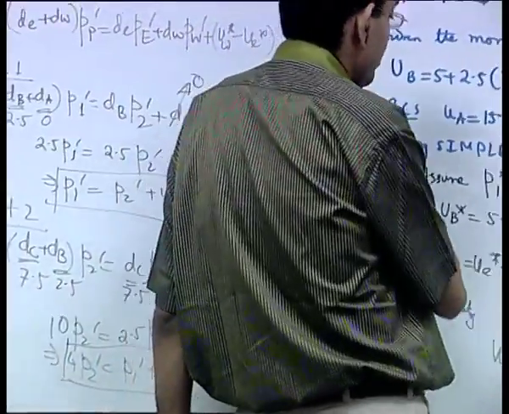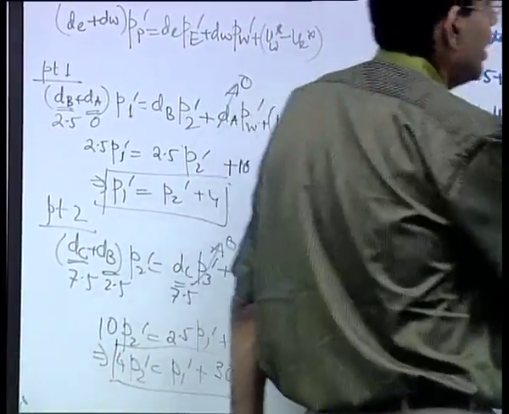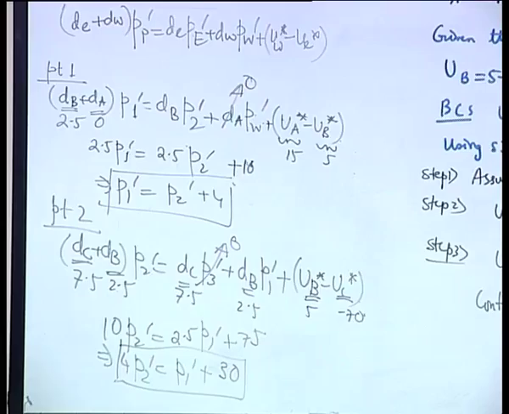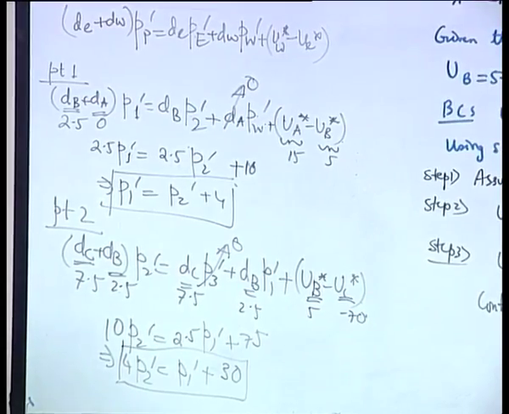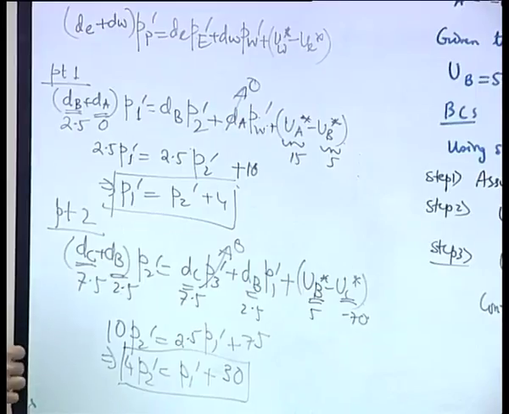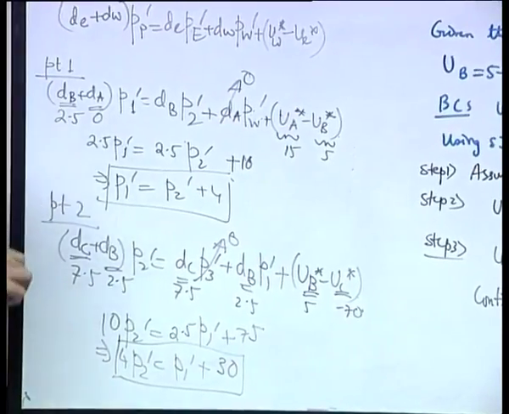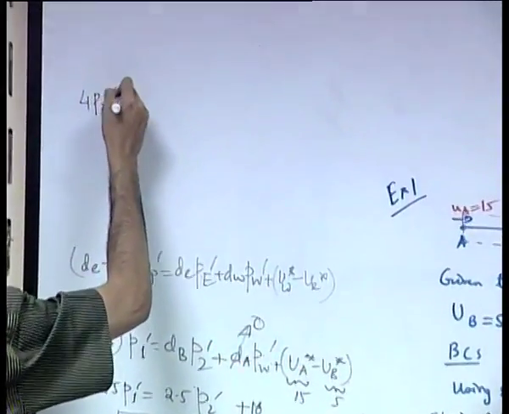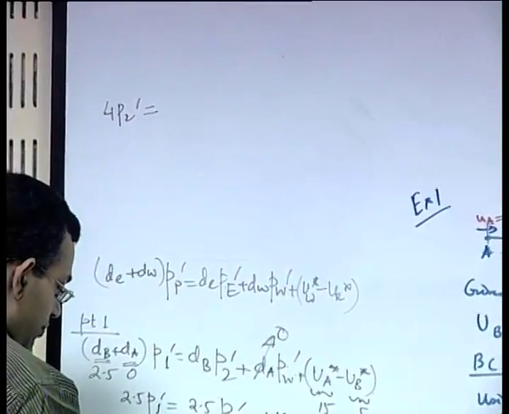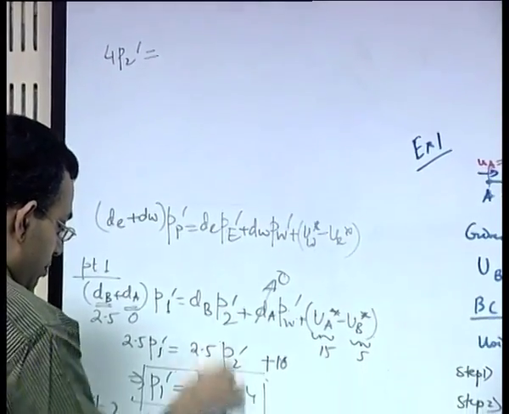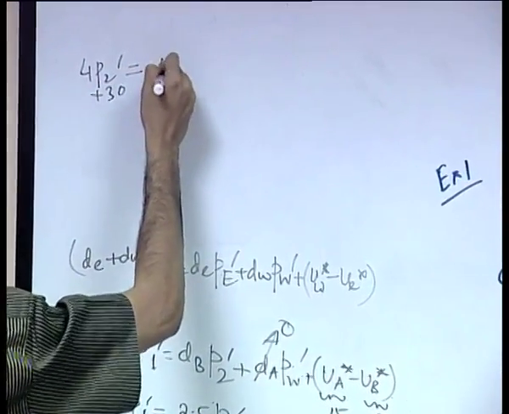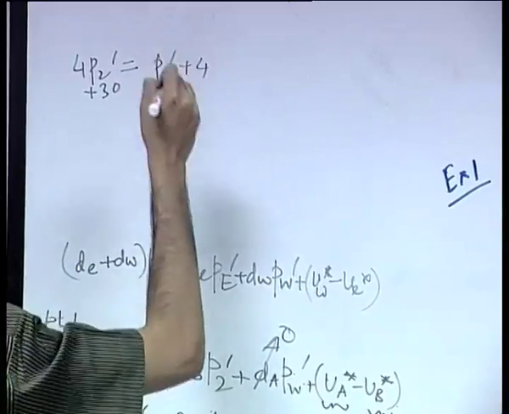So now you can calculate P1 prime and P2 prime. You can just solve these equations. In place of P1 prime you can write 4 P2 prime plus 30 equal to P2 prime plus 4.